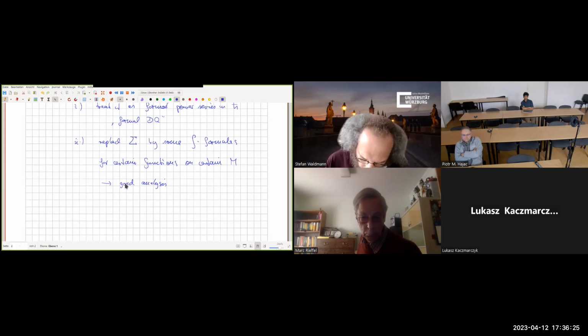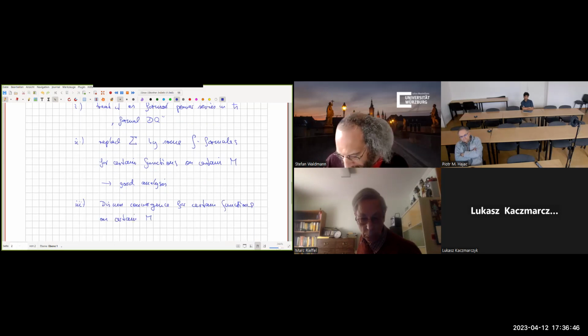And the third option is, well, to discuss convergence, again, for certain functions on certain manifolds with respect to some cleverly chosen, let's say, locally convex topologies.